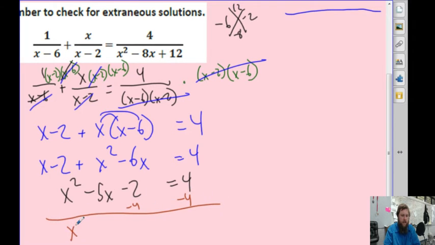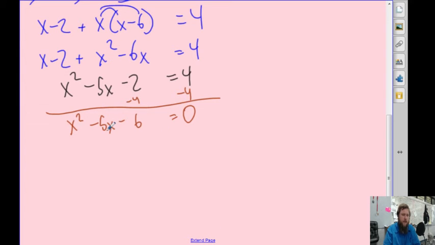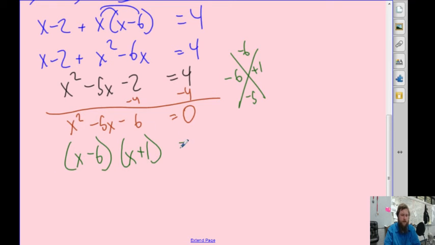What you get is x squared minus 5x minus 6 equals 0. Now this goes back to factoring. I want to solve for x. However you factor this, you're going to get negative 6 and positive 1. So it'll be x minus 6 times x plus 1 equals 0. So your two solutions are x equals 6 from the left side and negative 1 from the right.